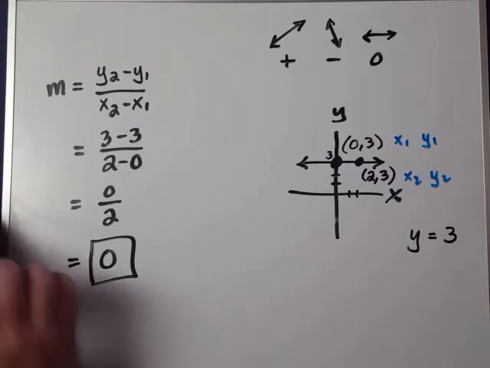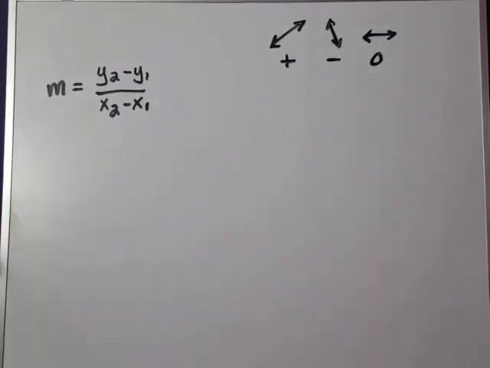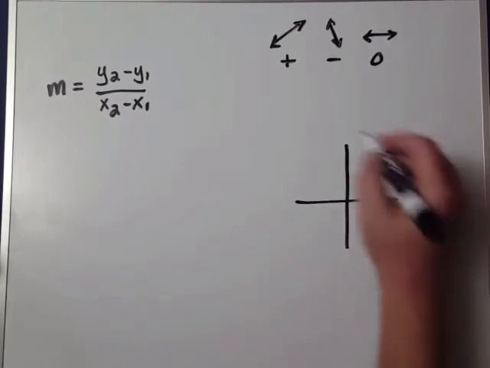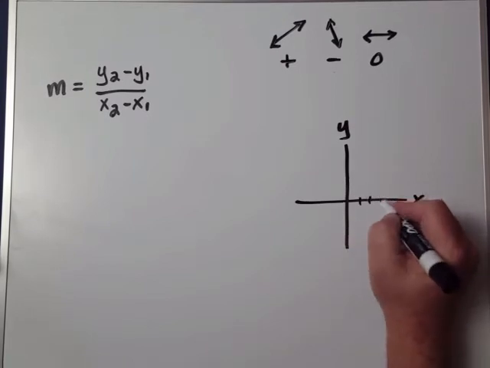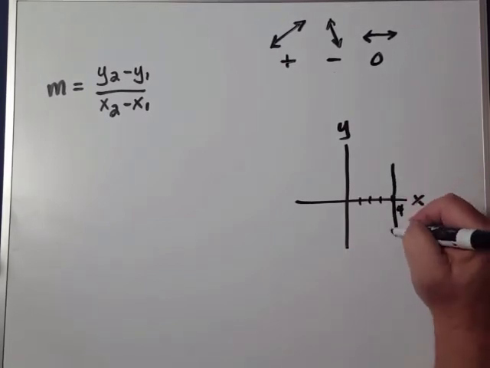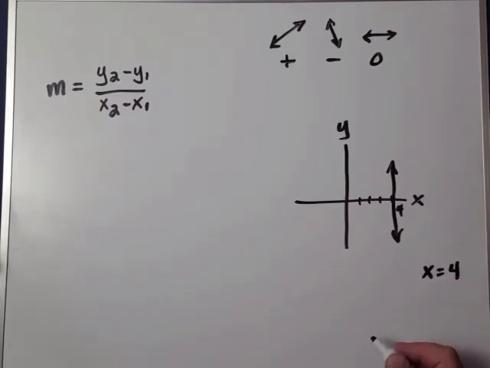Well, then what about a vertical line? If I have some vertical line, let's say I have the line that passes through 4 on the x-axis. Well, you already know the equation of this line. Every point on this line has an x-coordinate of 4. The equation of this line is x equals 4.